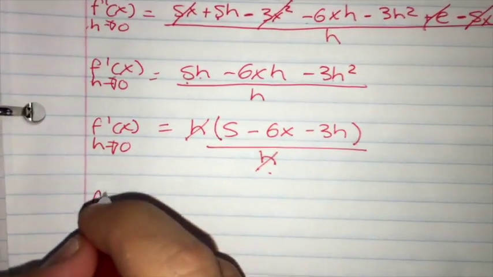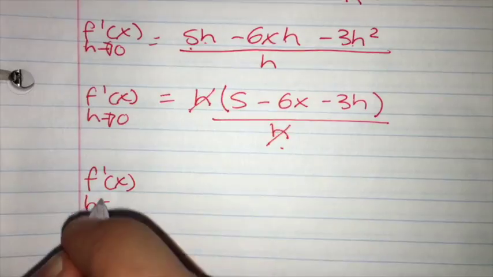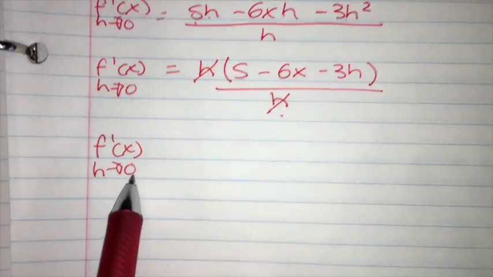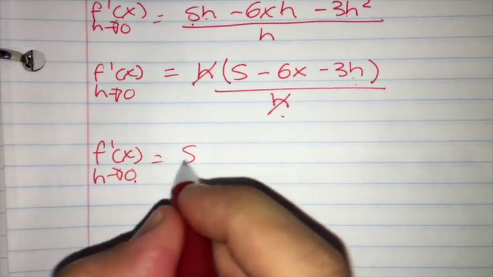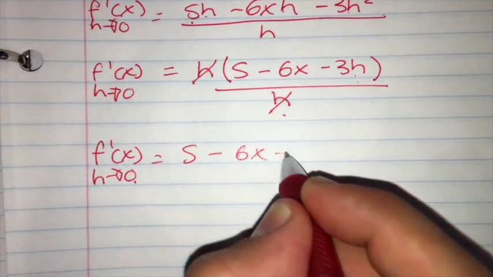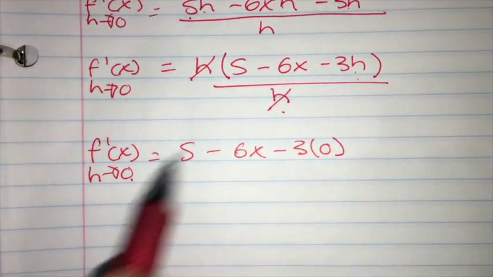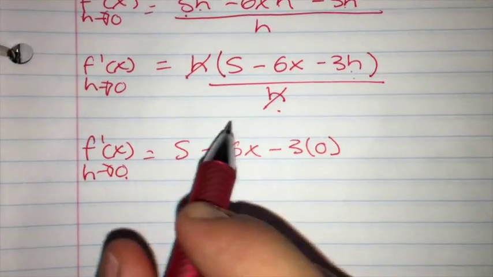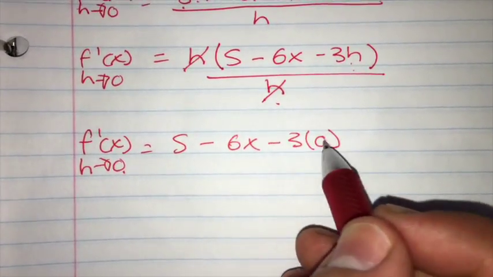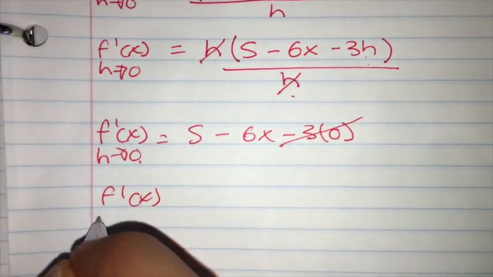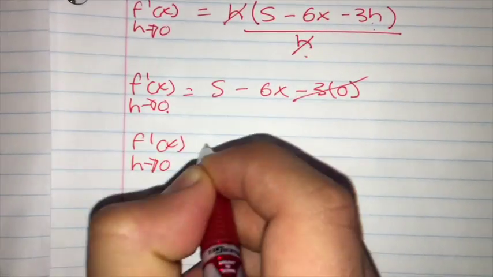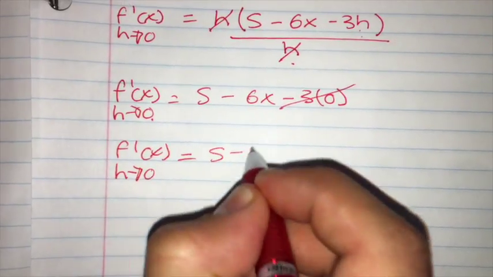In the next step, we will replace h with 0, so 5 minus 6x minus 3 times 0, because h is approaching 0, equals 5 minus 6x, so f prime of x is 5 minus 6x.